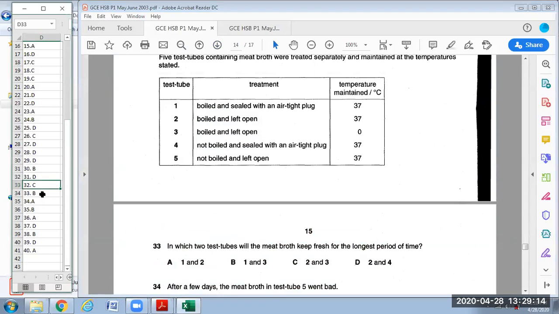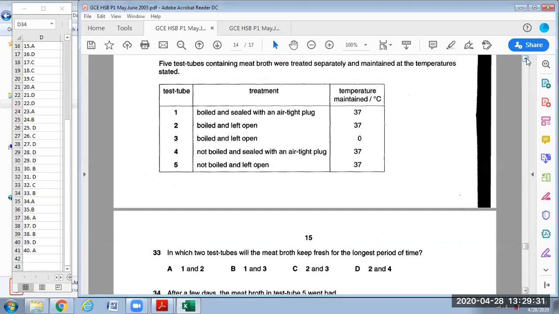33. You could go ahead and read 33. In which two test tubes will the meat broth keep fresh for the longest period of time?